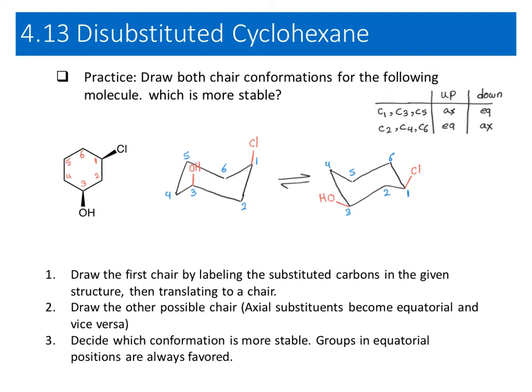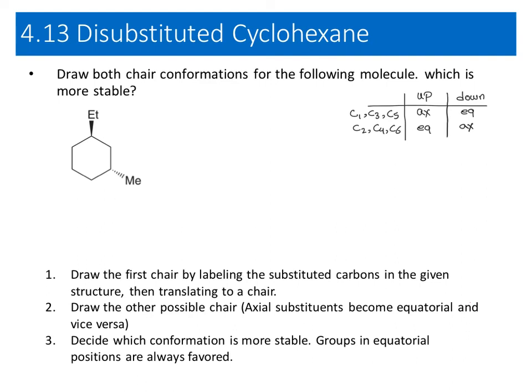So the second one is more stable. Both are in equatorial positions. So this conformation is more stable.